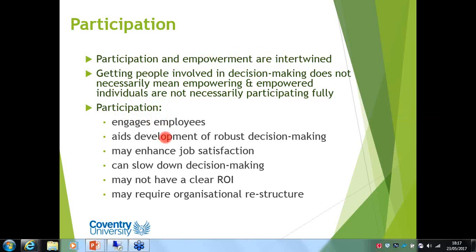It can aid the development of really good, really robust decision making. So if you are thinking about the future of your organisation and you perhaps want to gather some opinion from your vast number of employees about the technological advancements that might support your organisation, the future directions of product lines, all of these things, you may find that by putting this out to your employees, you get information back that you could never have gathered just on your own.